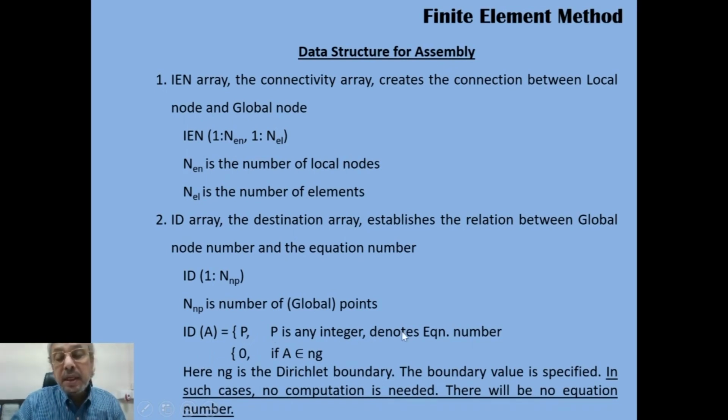P is any integer, denotes the equation number, that is, it connects to some specific equation. And 0 is if it is not connected to any equation, and usually these are Dirichlet boundary conditions. The boundary values are always specified. In such cases, no computation is needed. There will be no equation number.